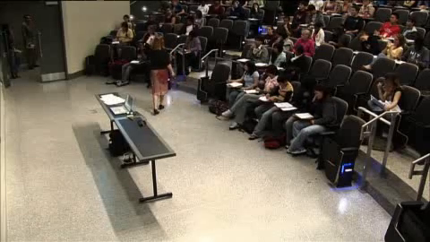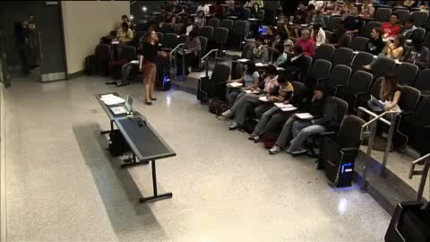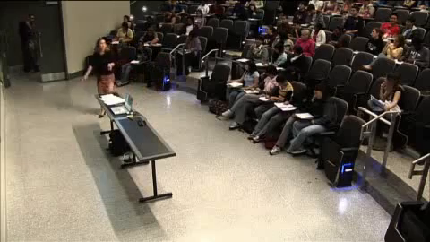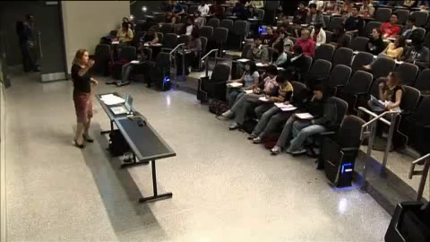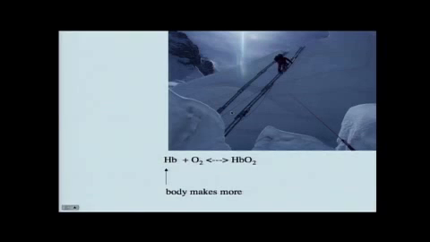So you often go to another altitude and hang out for a while before you start going way up. What's happening during that time is your body realizes there's a problem. It knows about Le Chatelier's principle, and so it's going to make more hemoglobin. And if you add more hemoglobin to this reaction, what direction does it go? Toward products, right.